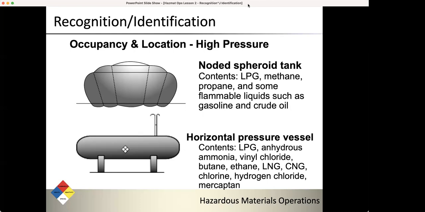There's a noded spheroid tank, which has, as it says, nodes, different sections. These are all probably going to be flammable liquids, or flammable gases made liquid because of the pressure. There's also a horizontal pressure vessel. A lot of bad stuff can be in those.